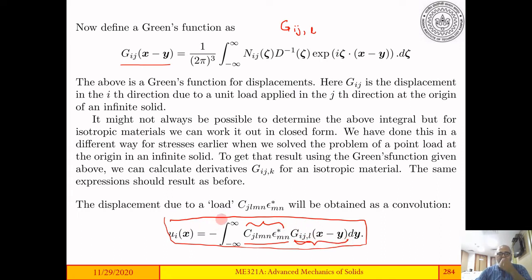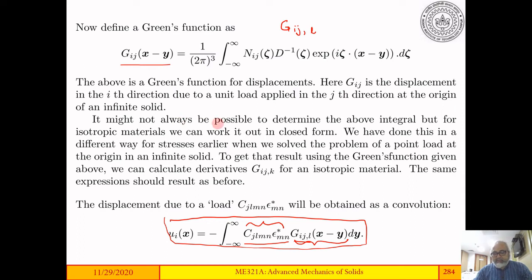So the displacement is a convolution between the derivative of the Green's function and the eigenstrain that you have applied, the stress due to the eigenstrain that you have applied.